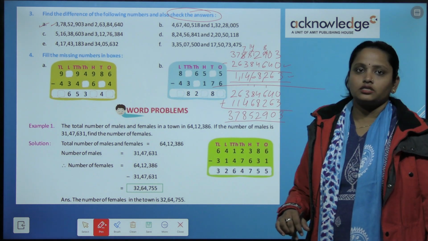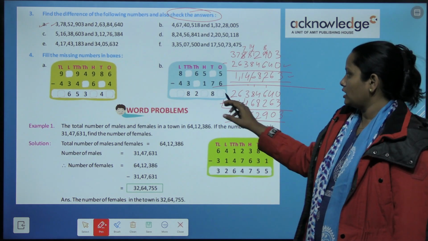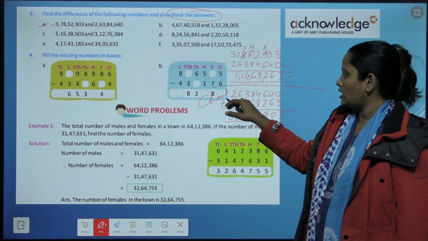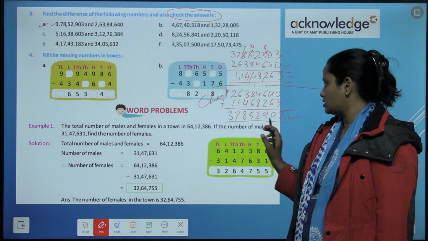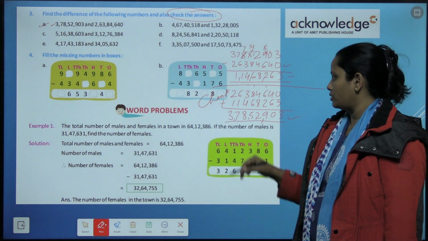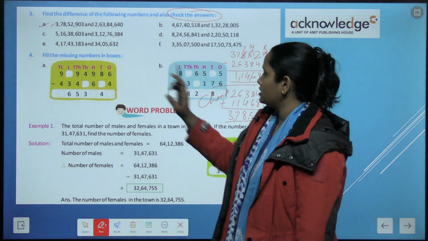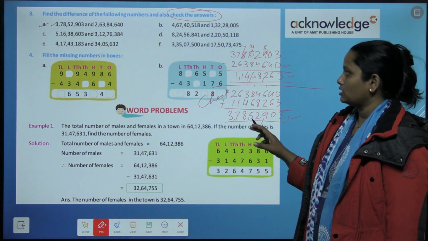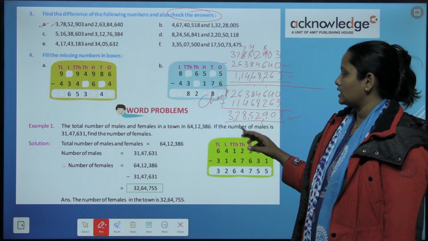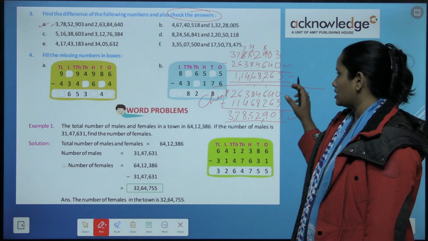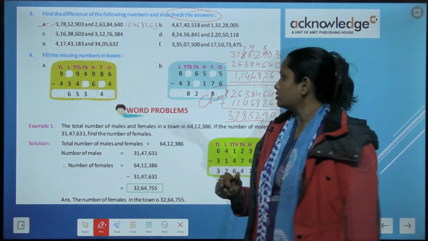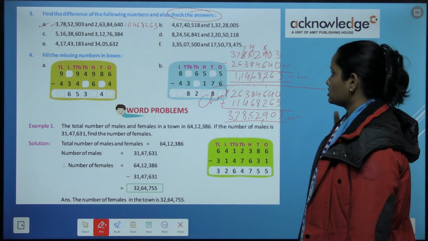So here this is the answer. So चेक करने पे जब हमने इसको चेक किया तो this answer we get. Let's match it with the biggest number. So 3 crore 78 lakh 52,903. So this answer is correct. So children, this was the answer that we get.